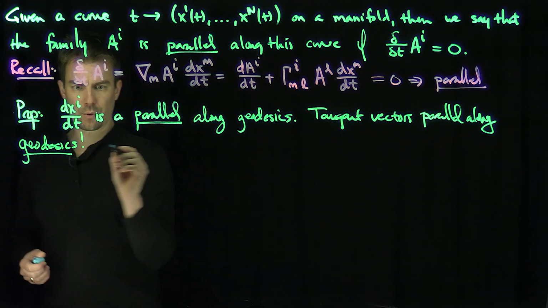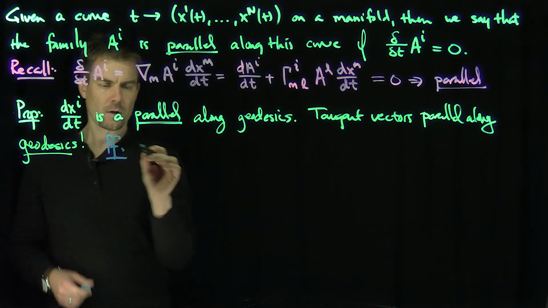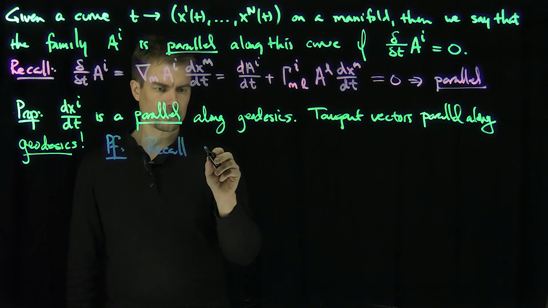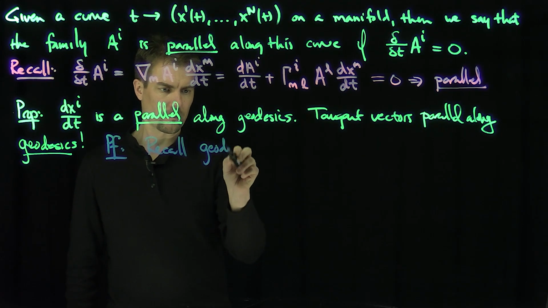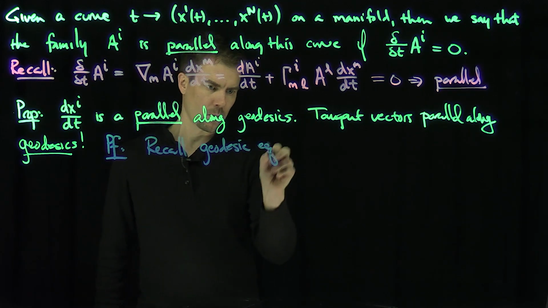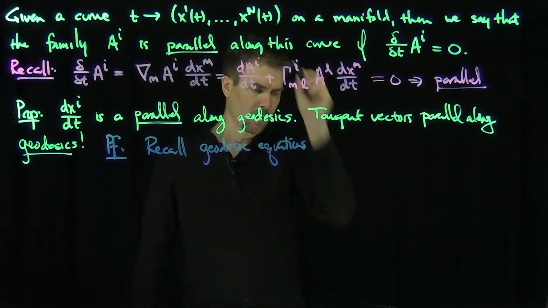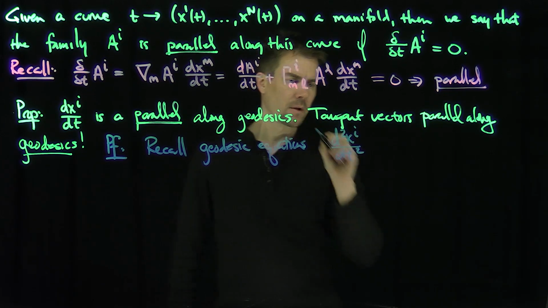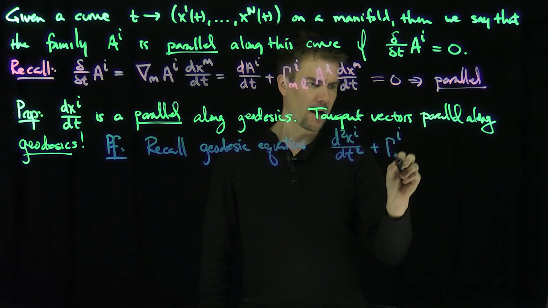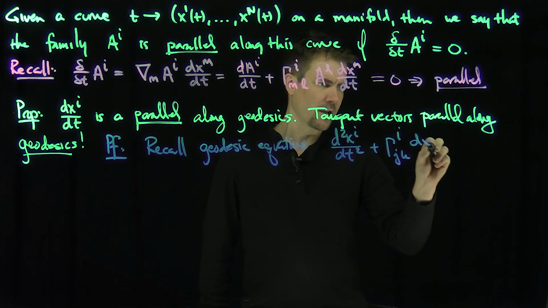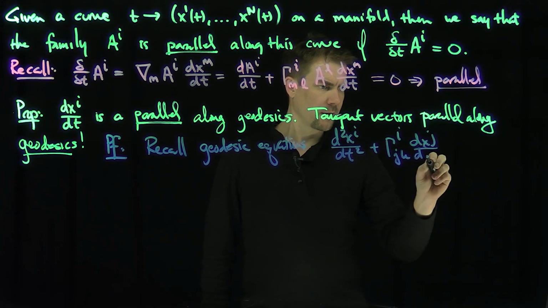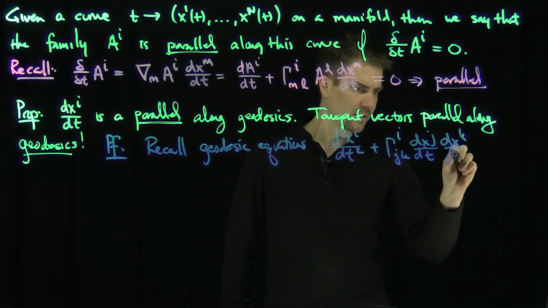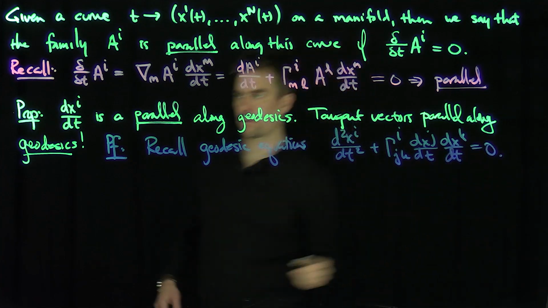For the proof, recall the geodesic equations are d^2x^i/dt^2 plus gamma^i_{jk} dx^j/dt dx^k/dt equals 0.